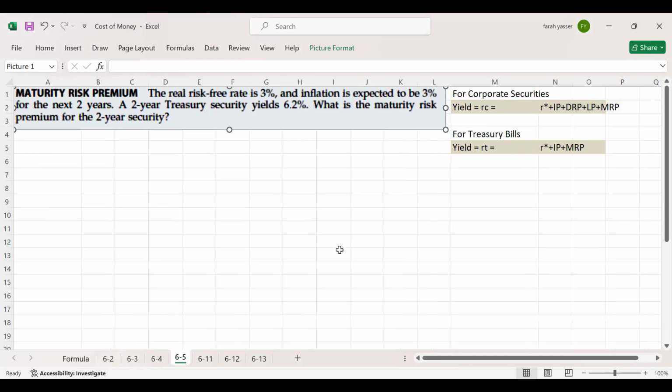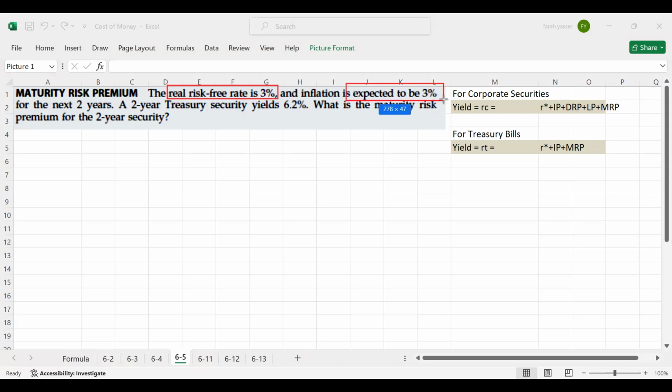Then the next problem, we will cover 6-5. The data given is the real risk-free rate of return, or R star, which is 3%. The average inflation over 2 years is given, and the 2-year treasury yield is given. MRP is not given, so we will have to find out the maturity risk premium.